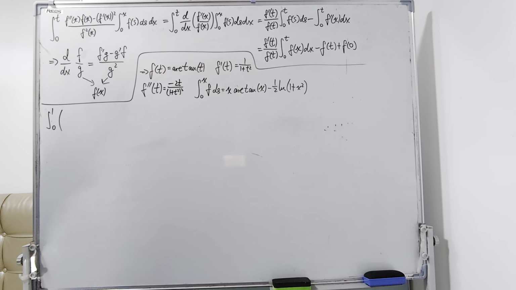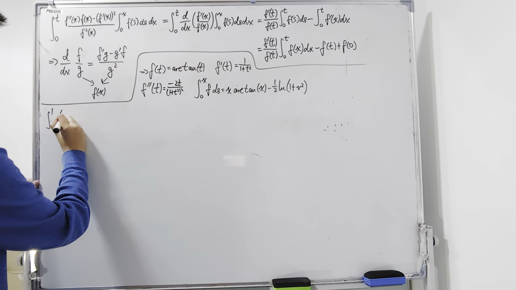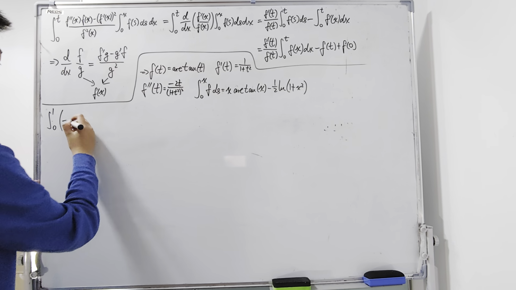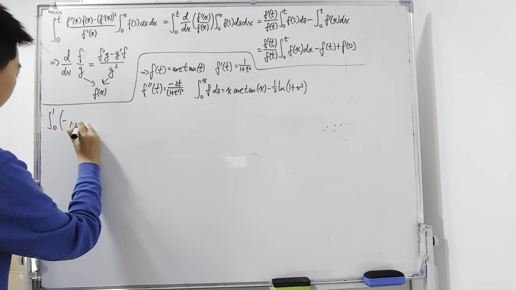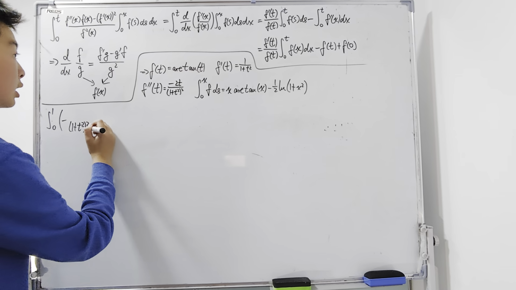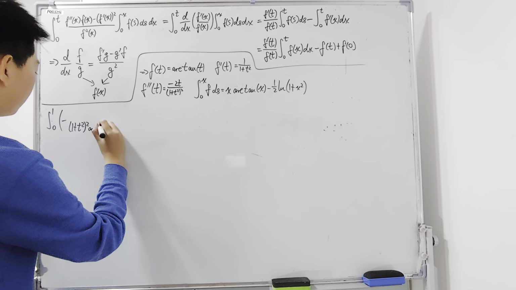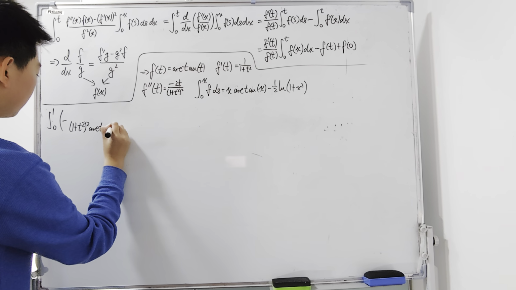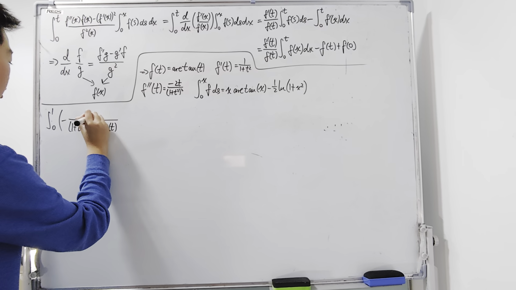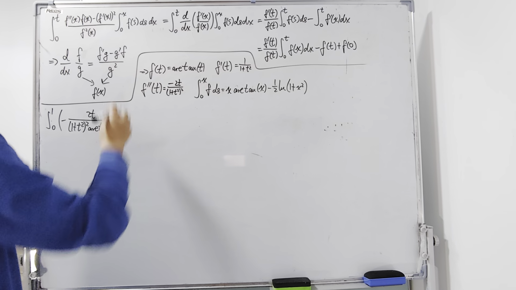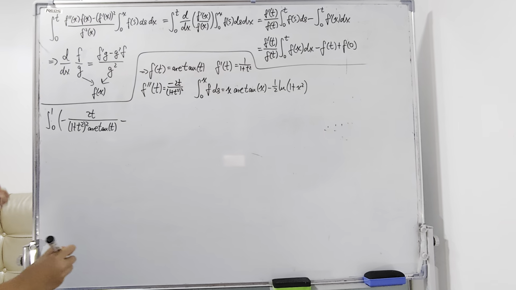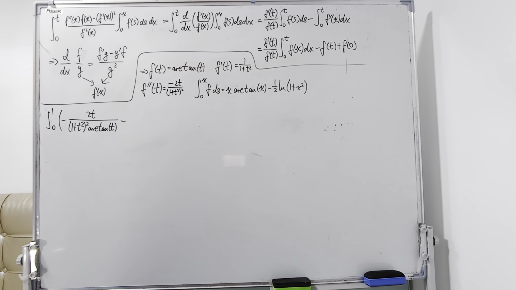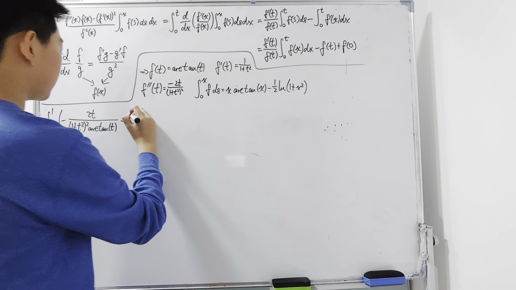So, we have f double prime over f, which is going to be this thing. Negative. And then 1 plus t squared on the bottom. Squared, of course. And then the arctan t, and then over 2t, and then minus, and then it's going to be f prime over f, the entire thing squared.